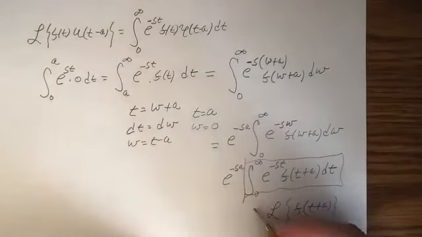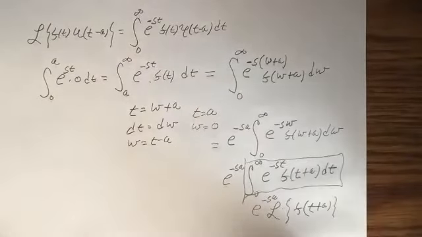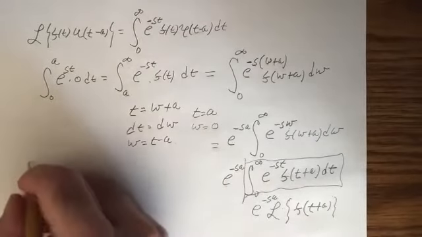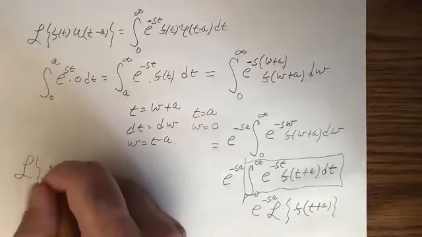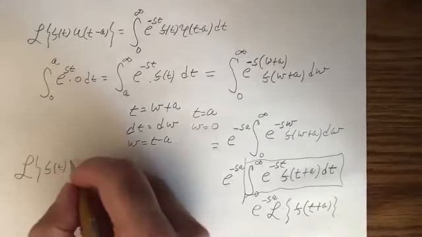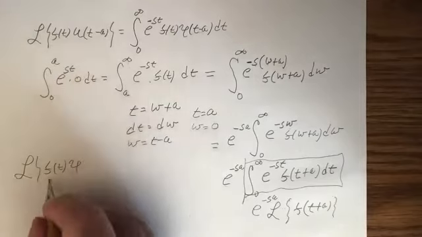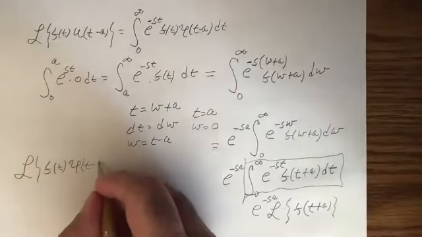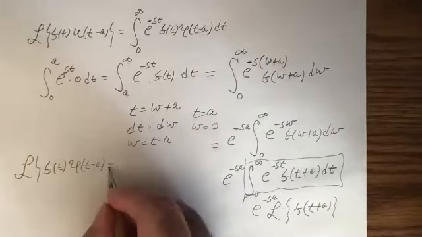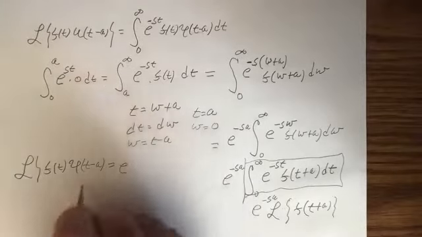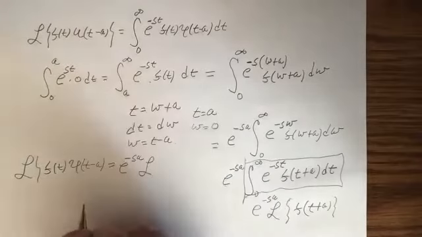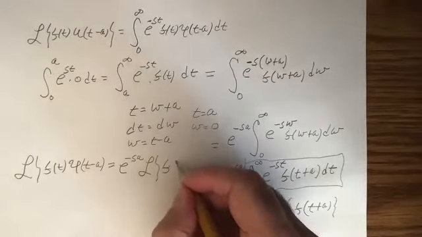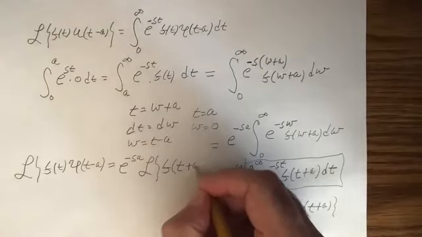But then I also got this e to the minus sa. So finally, the important formula, let me write it here, is that the Laplace transform of a function times the unit step function is equal to e to the minus sa times the Laplace transform of the function f of t plus a.